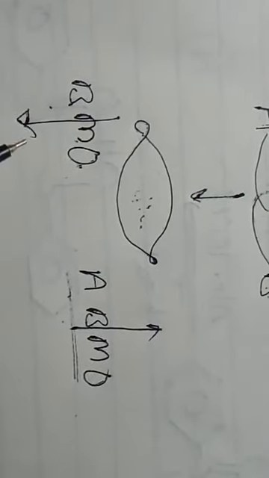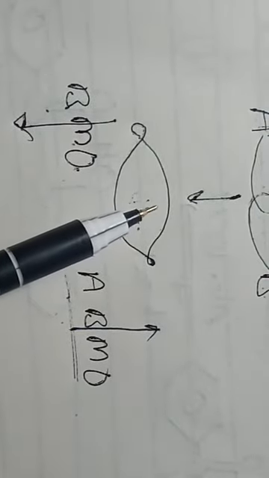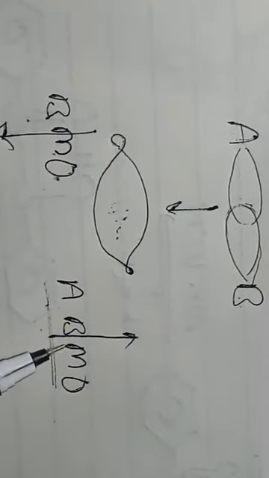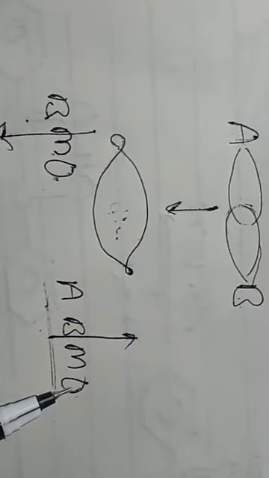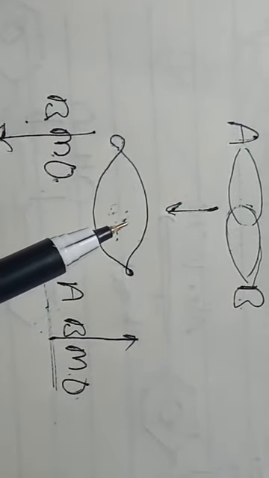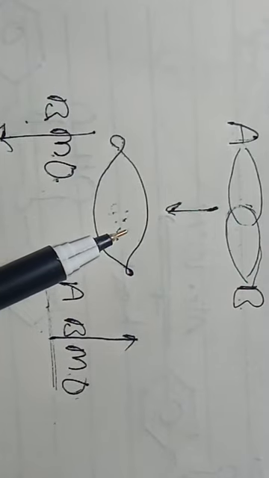The formation of BMO supports the stability or the formation of the molecule, whereas the anti-bonding molecular orbital formation opposes the formation or the stability of the molecule.